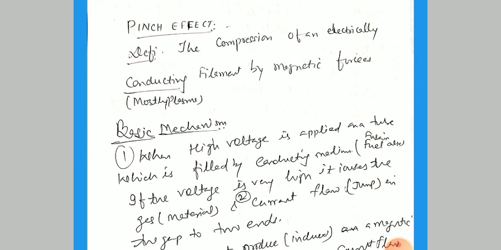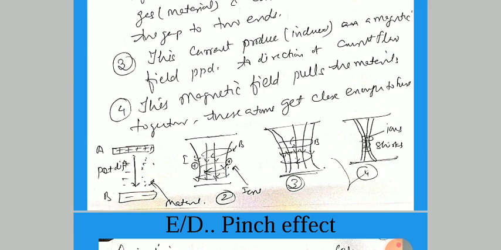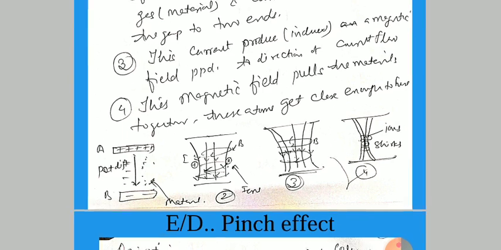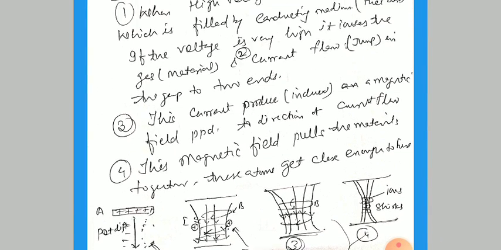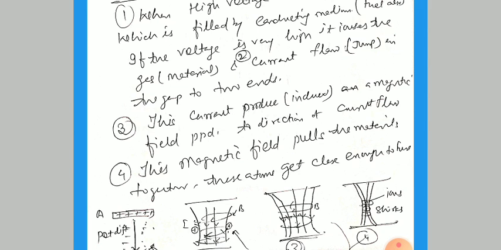This is the first step of the mechanism, and there is a figure. In the first figure, we can see a conducting medium like plasma filled in between two high potential plates, positive and negative.